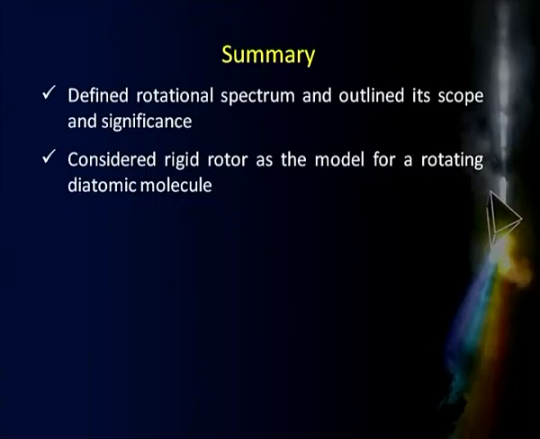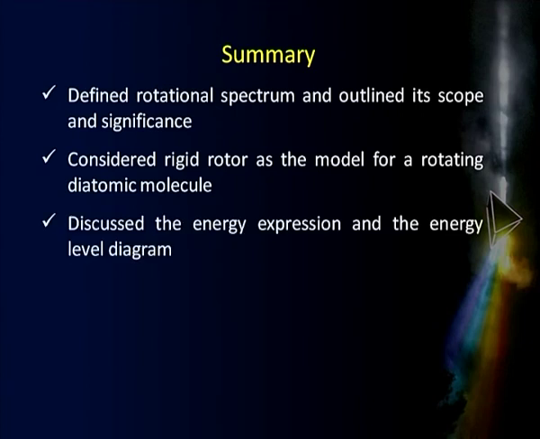Thereafter, we took rigid rotor as a model for rotating diatomic molecule. We will come down to that, that is not a correct model, we will come down to that in the next session. Thereafter, having considered rotating diatomic molecule to be rigid rotor, we indicated what is the energy expression we get from quantum mechanics and the corresponding energy level diagram.